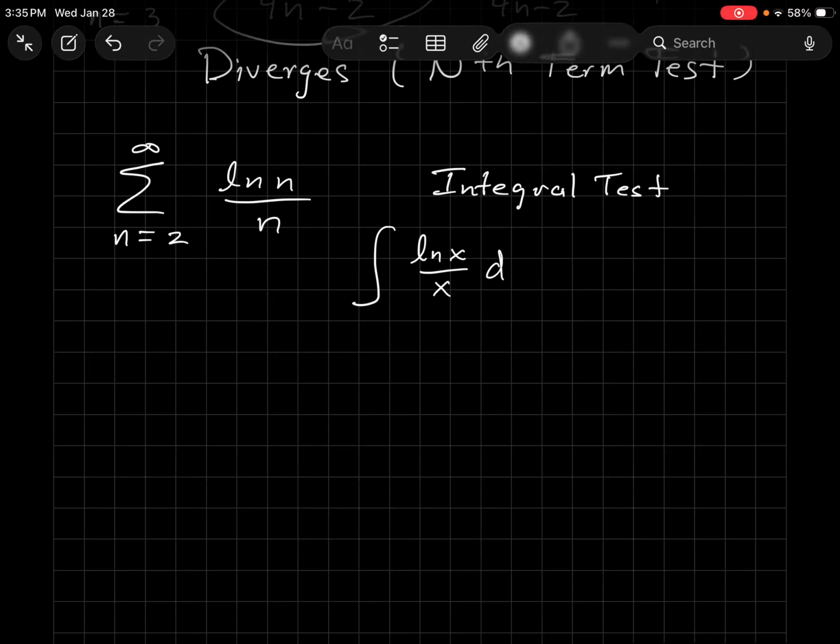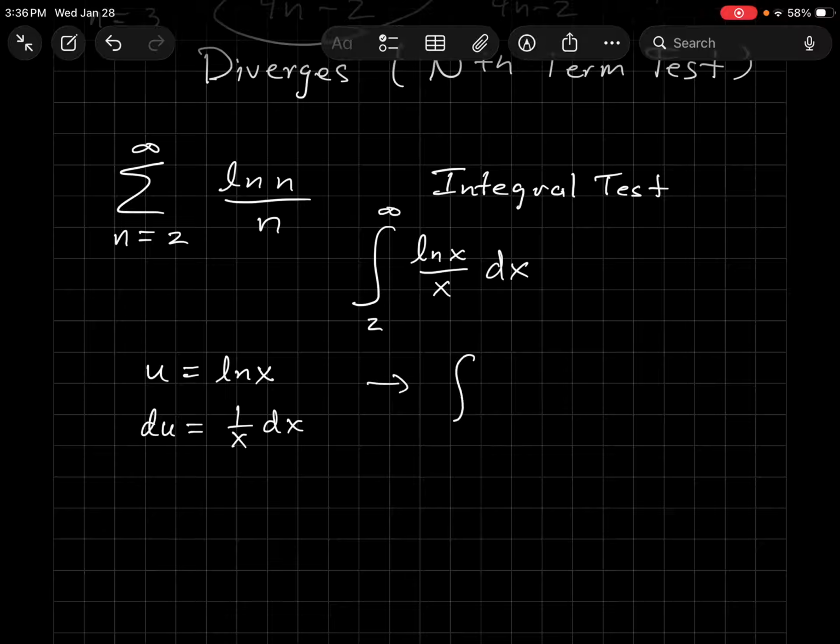if I do the continuous equivalent, I have natural log of x over x, which is a classic U sub. So I'm not going to do all the precision, all the b goes to infinity and the proper integral stuff, because the idea here is more about the series. But I will do the U sub. So if u is natural log, du is 1 over x dx.